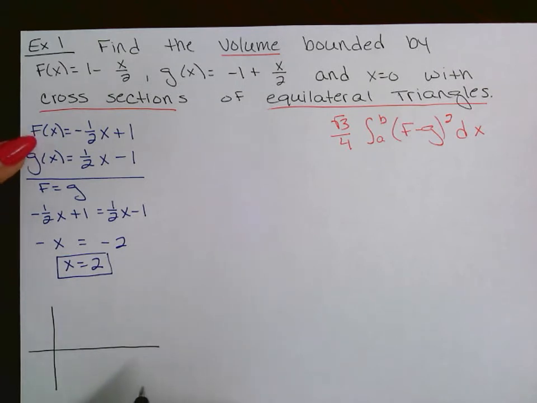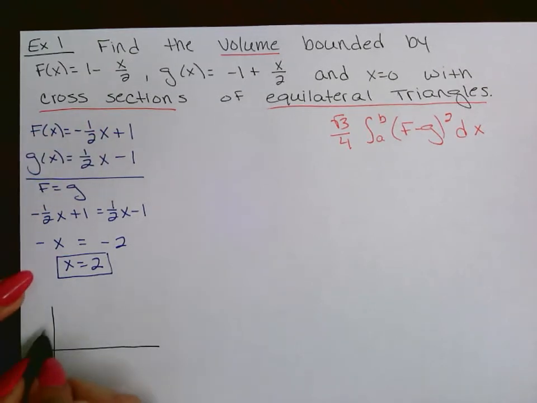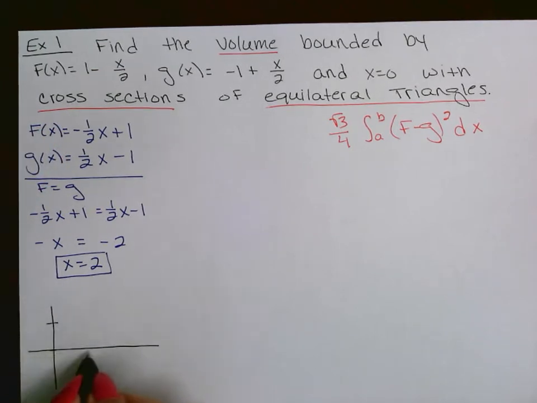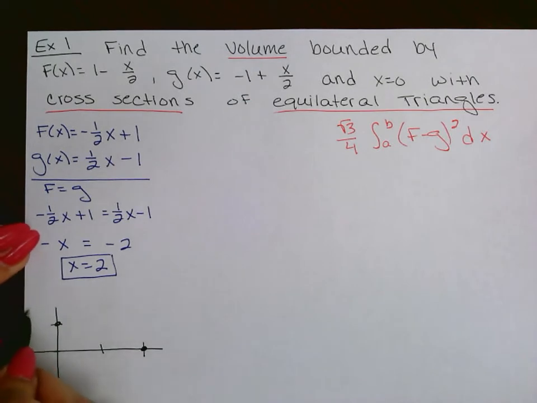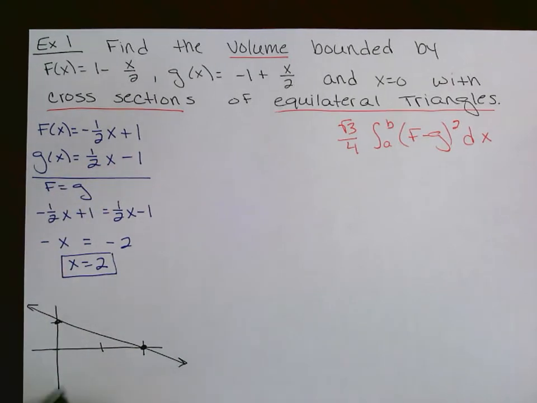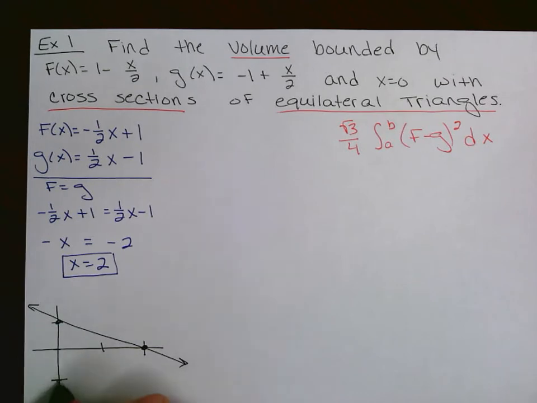Okay? F of x has a y-intercept of 1 and a negative slope with a rise over run of 1 over 2. So I go down 1 and I go over 2. Okay? I'll connect those two. And then g has a y-intercept of negative 1 and a positive slope of rise 1 and run 2. Okay?